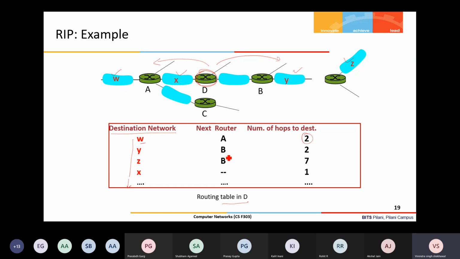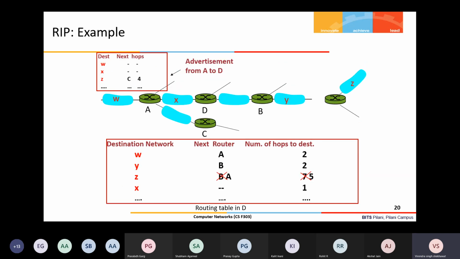For Y it is also 2 hops. And for Z, because multiple hops are there, it is 7.